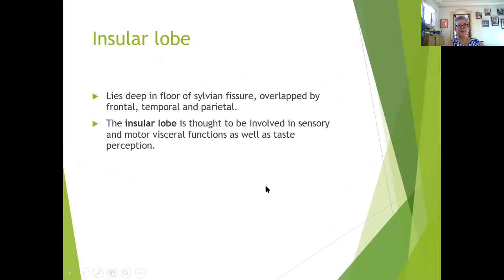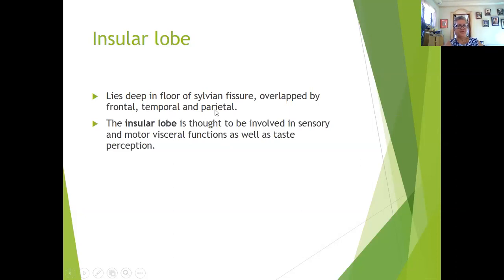You have to remember that some neuroanatomists consider the insular lobe as one of the main lobes of the cerebral hemisphere. But as far as Snell is concerned, this is not. This is just part of the cerebral hemisphere. And this lies deep in the floor of the Sylvian fissure, overlapped by the frontal, temporal, and parietal lobe.